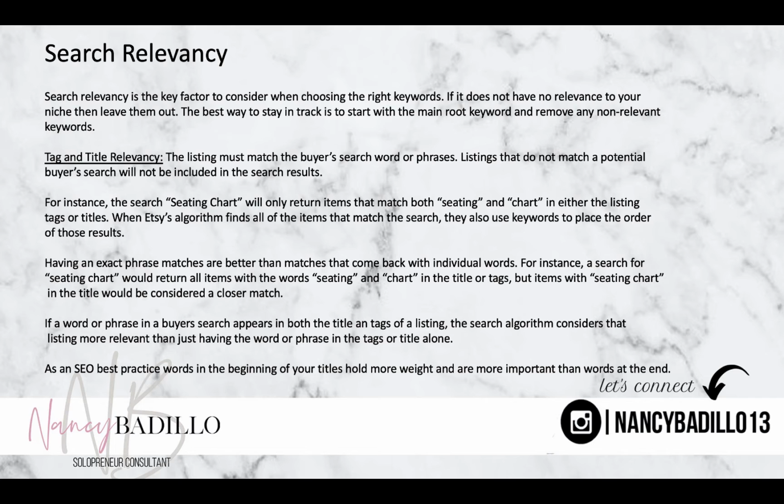But items with sitting chart in the title would be considered a closer match than individual words. So if a word or phrase in a buyer search appears in both the title and tags of a listing, the search algorithm considers that listing more relevant than just having the word or phrase in the tags or title alone.